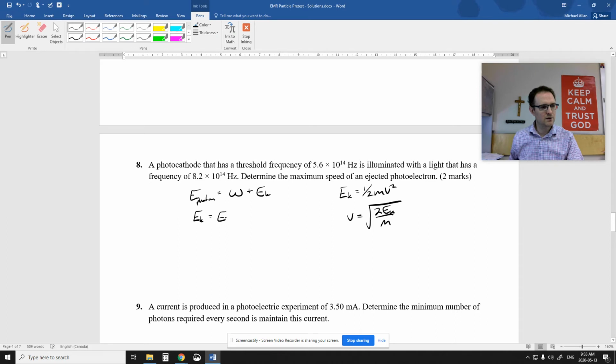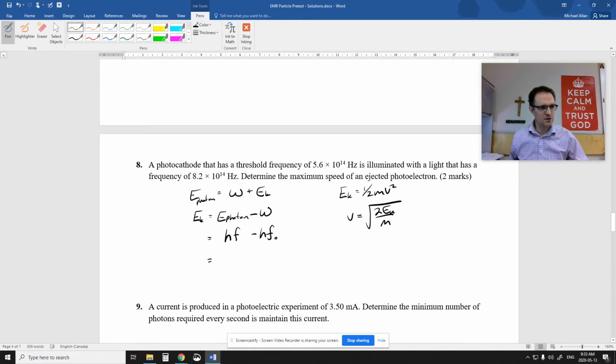I'm going to go photon energy minus the W. Now the W is based on the threshold frequency, so that's going to be h f naught here. And the photon energy is just going to be h f, just the frequency of that one.